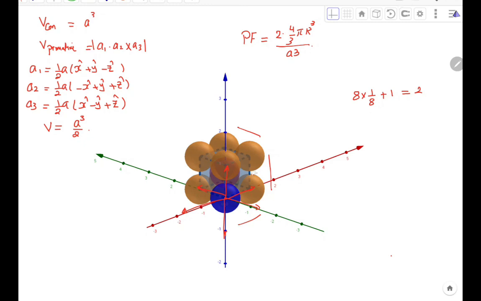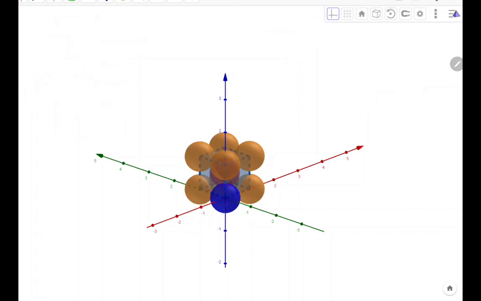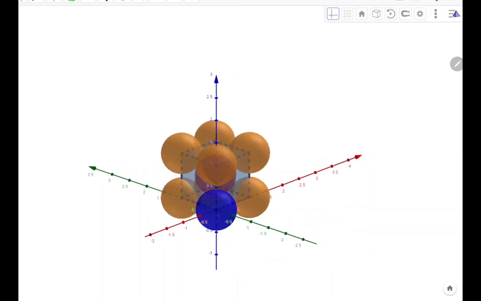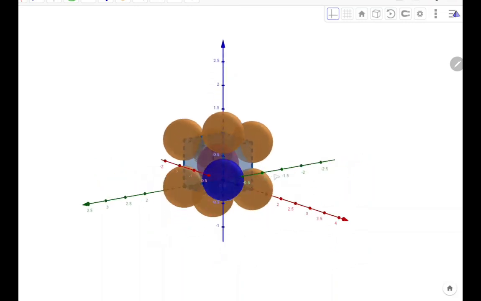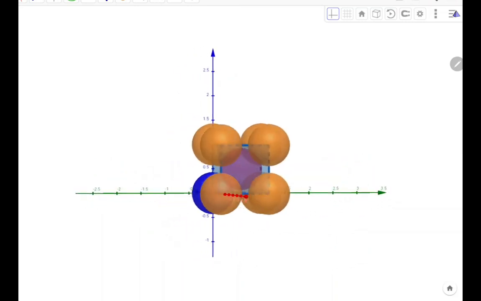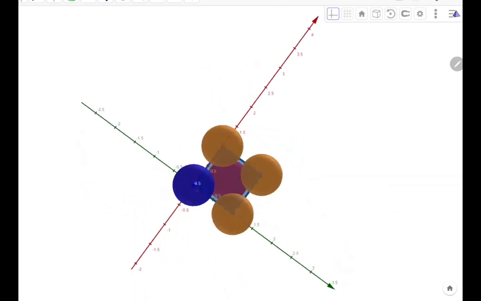Now look, this atom is not in contact with this one here, not even with this, not even with this, not even with this. This atom is in contact with the red one, and the red one is in contact with this one. Let's just have another visual here.